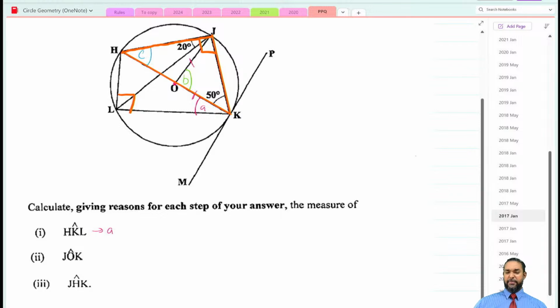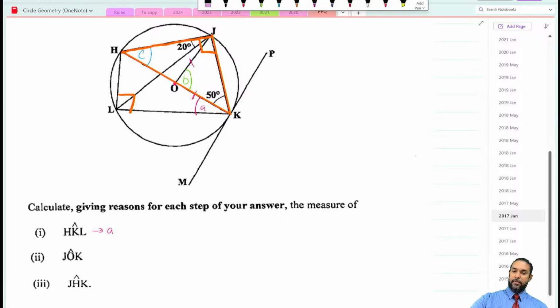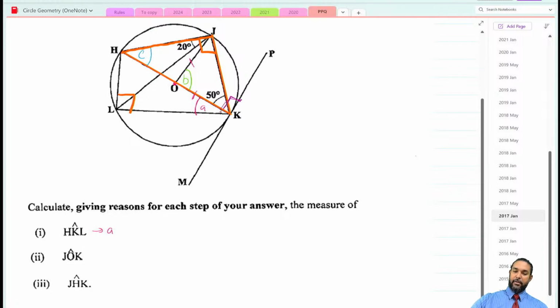Well, you said A is 40, but I think A is 40. Because if that radius is coming down there, that's 90 degrees, 90 minus 50, 40, to find that small segment there. So this angle here be 90, I agree with that. And this angle here be 90, I agree with that. I don't know that this angle is 90. Oh, yeah, you're right.